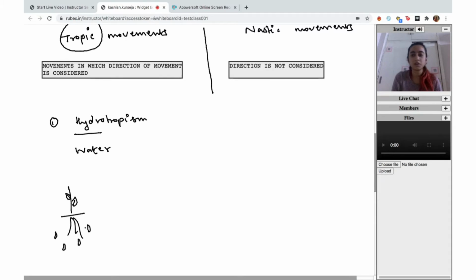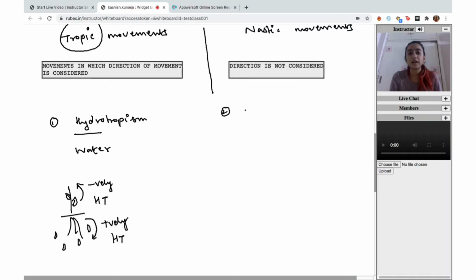Here's all of the water. Now, your roots are growing towards water. Your shoot is growing away from water. So your root is known to be positively hydrotropic. Your shoot is known to be negatively hydrotropic. वो पानी की तरफ जा रहा है, वो पानी से दूर जा रहा है. Hence the words positive and negative. Hydrotropism is simple movement towards water.